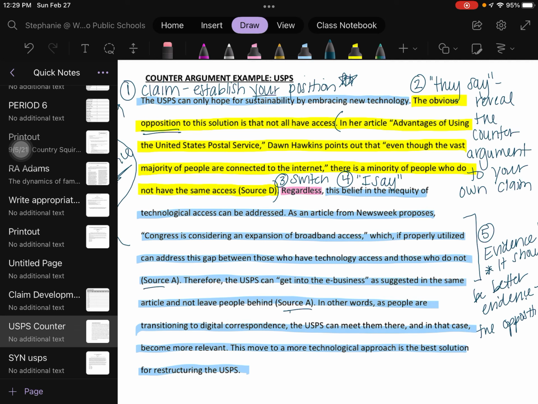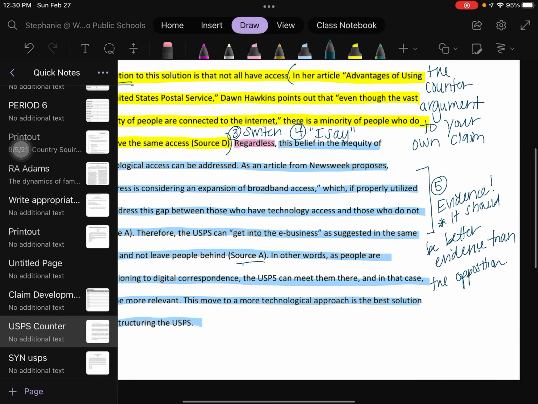And depending on what that anecdote is, if it's less convincing or it's less specific or it comes from a less credible place or it's more hypothetical, that's not going to hold up well against a really specific statistic from something like Pew Research or a well-respected organization. So with our evidence in the I say, we want to make sure that we're really choosing evidence that's proving our point is more valid than the previous.